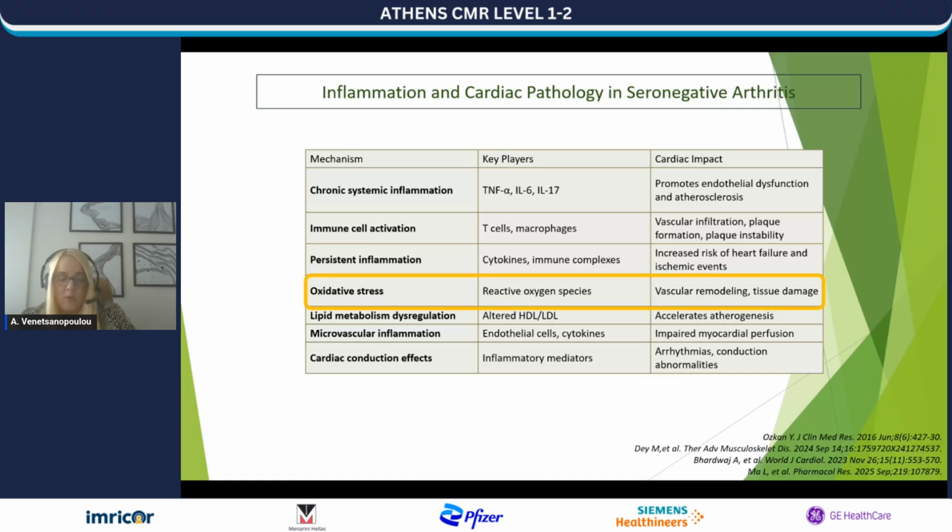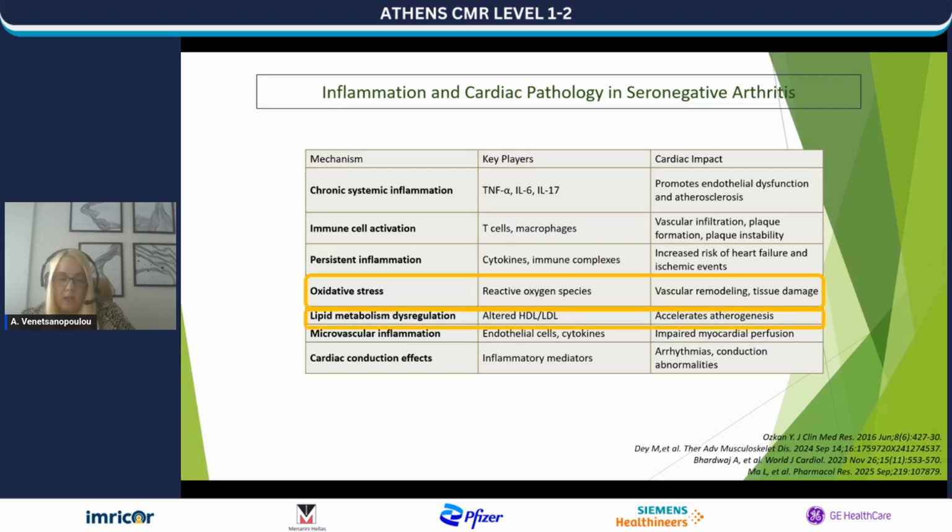First, we know that oxidative stress, where reactive oxygen species are potent mediators of vascular injury, drives vascular remodeling and tissue damage, disrupts endothelial integrity, and stimulates smooth muscle proliferation. Over time, this burden transforms the vascular tissue from a state of adaptation to one of chronic injury.